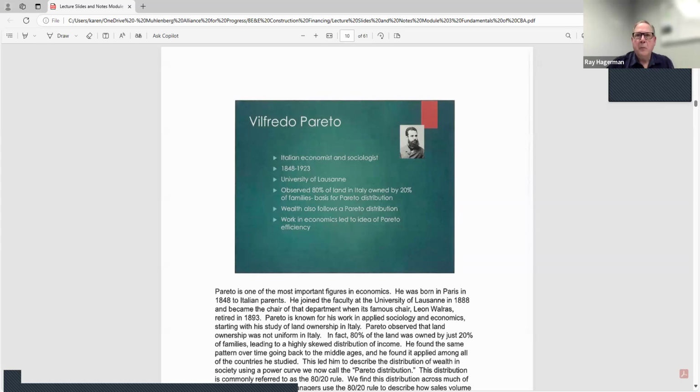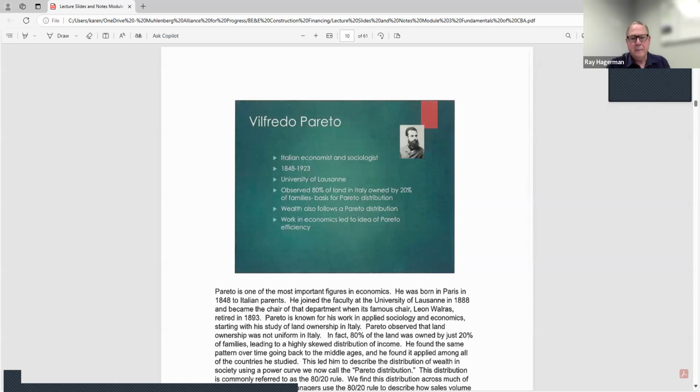So we referred to some work that was done back in the 19th century, where an Italian scientist, an economist and a sociologist, named Vilfredo Pareto, is where we come up with the concept of Pareto distribution, Pareto efficiency, Pareto frontier. And just for your edification, remember this: Pareto efficiency and Pareto optimality are exactly the same thing.